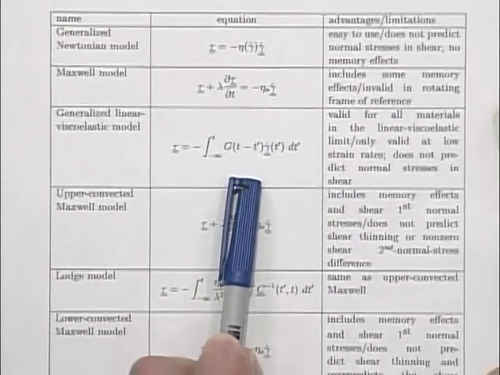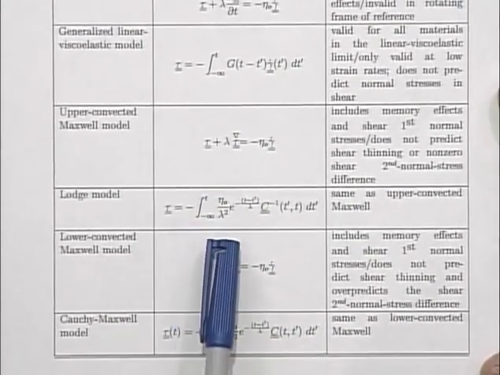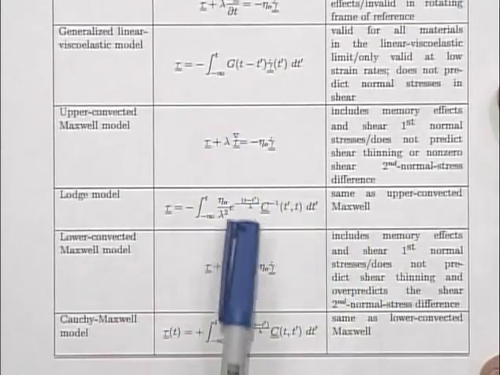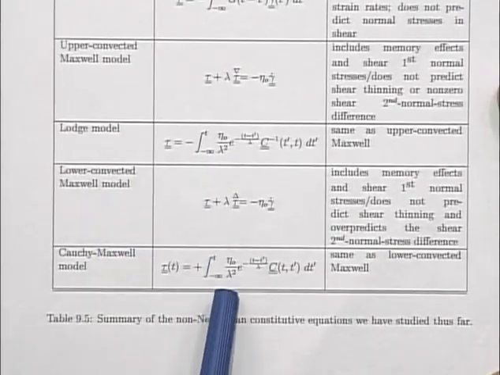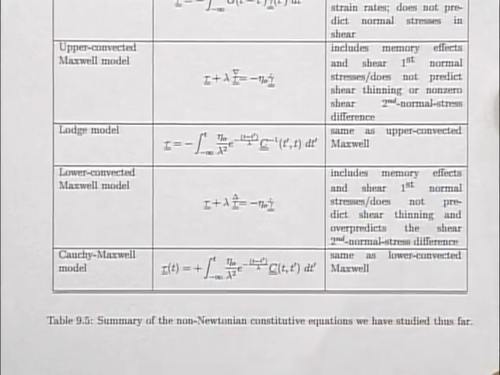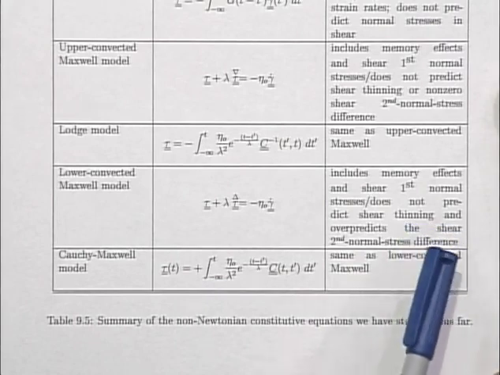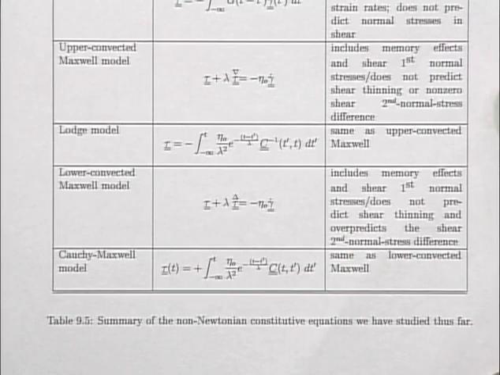The generalized linear viscoelastic model, the upper convective Maxwell model, which is the same, as it says here, as the Lodge model. The lower convective Maxwell model and the Cauchy-Maxwell model, which are the same as well. And here are some summaries of how they behave. As we discussed yesterday, they show first normal stress. They overpredict second normal stress differences.